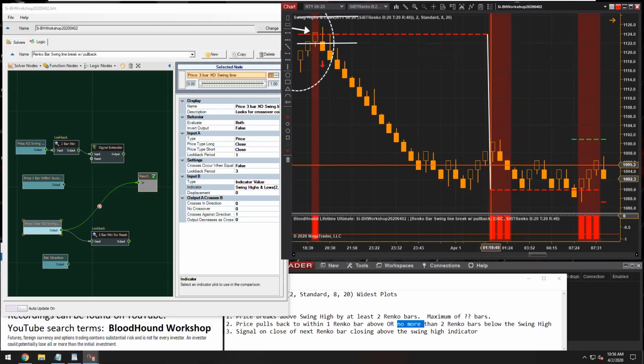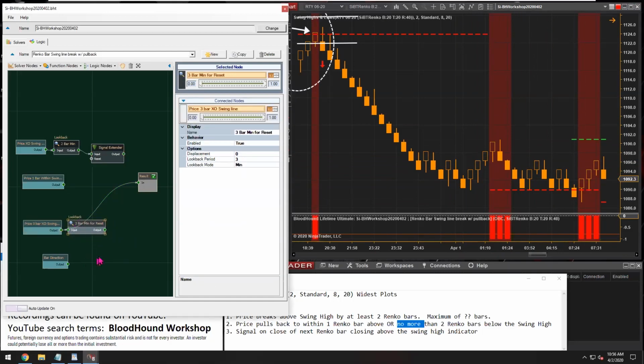Or maybe looking at it this way, the swing line crossed price because it dropped down below price. So we technically do have a crossover there. As the swing line drops down, that generated a crossover. That's why we have those signals over there, but that's okay. Those aren't going to affect anything.